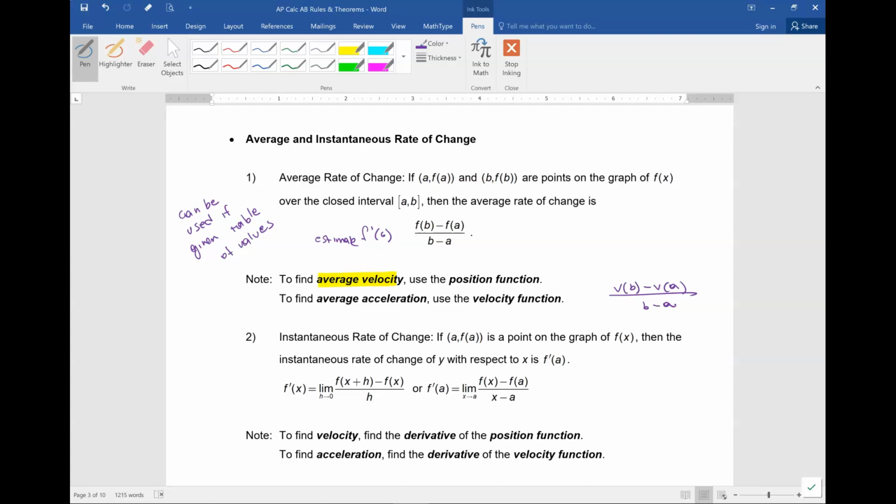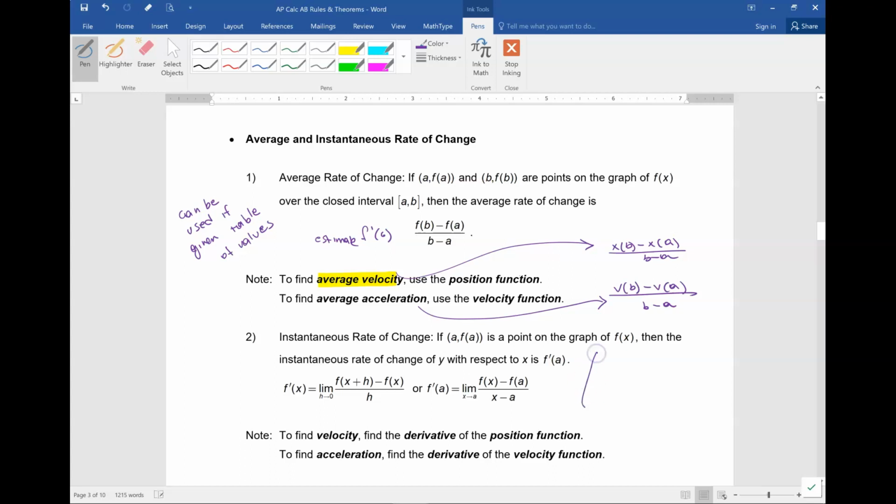Acceleration. So how do you find average velocity? x of b minus x of a over b minus a. So this is average velocity, and this is average acceleration. My point is, in order to find average velocity, the function that goes in here is not the velocity. It's the one before taking the derivative.